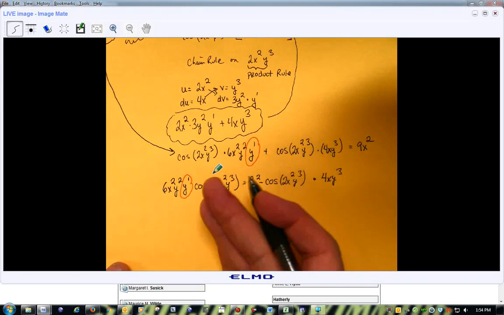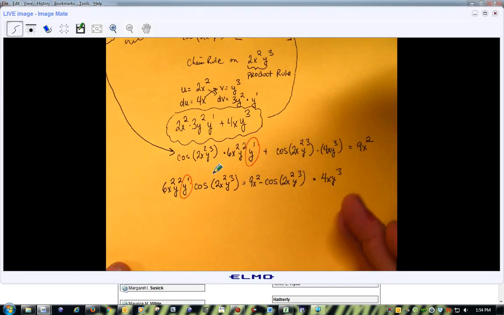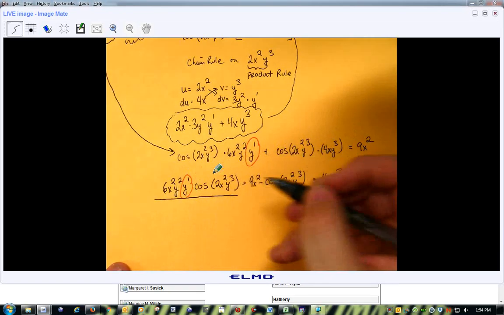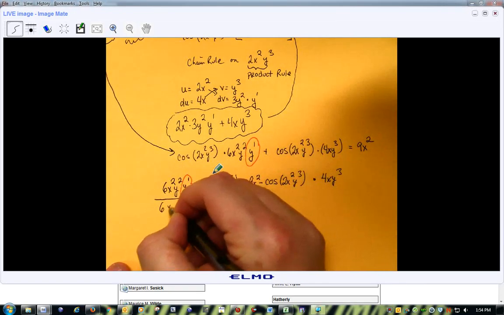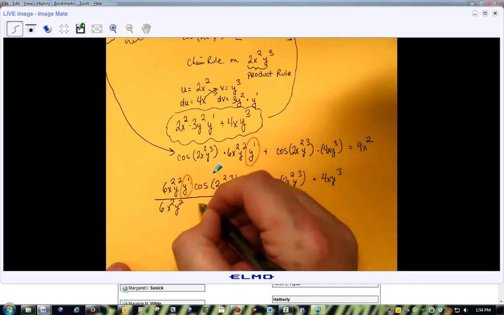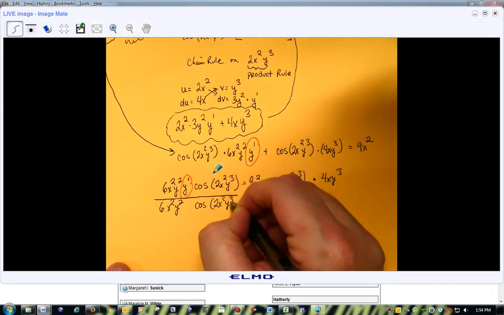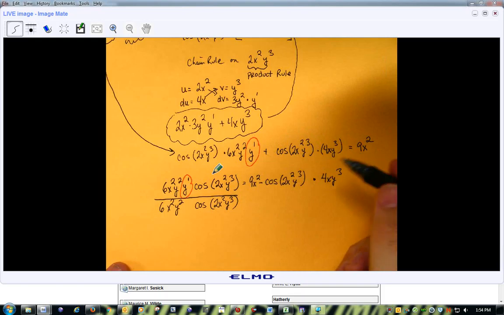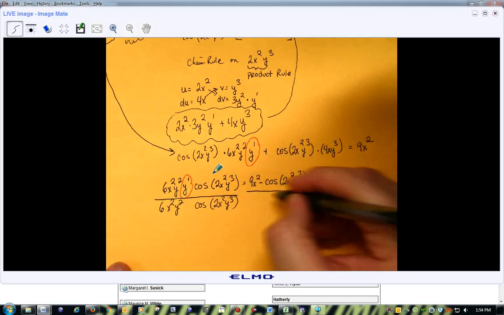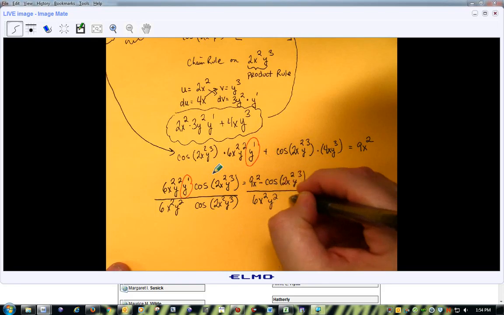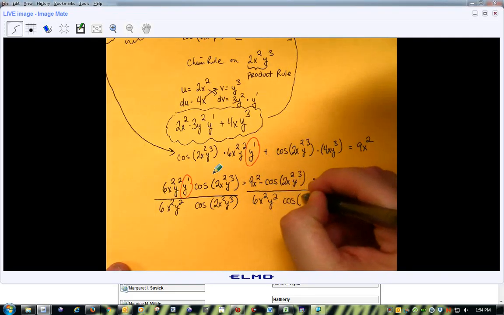But now I'm going to divide everything by the 6x squared y squared, and then the cosine of 2x squared y cubed, and I'm going to divide that by 6x squared y squared cosine of 2x squared y cubed.